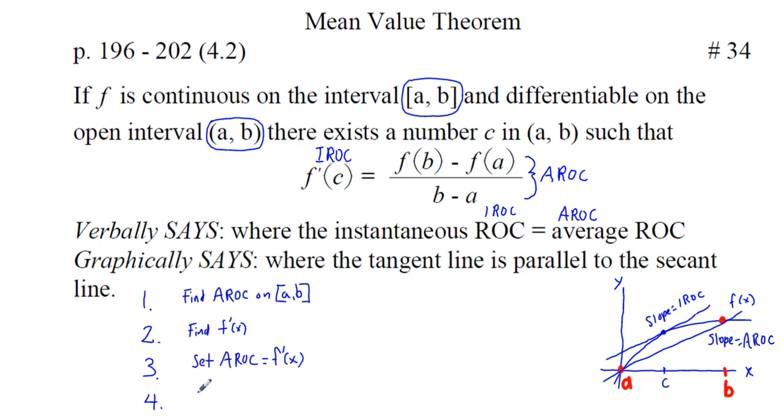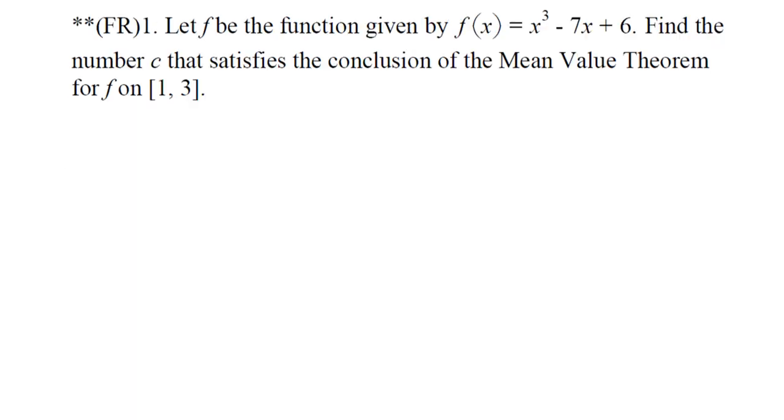And the last step is solve for x. And when you solve for x, you have the value of c. So we're going to put this into practice in a couple of problems here.